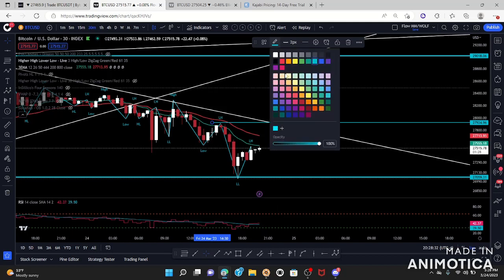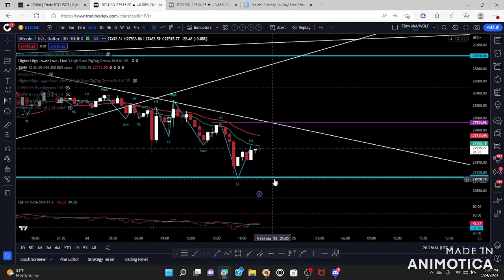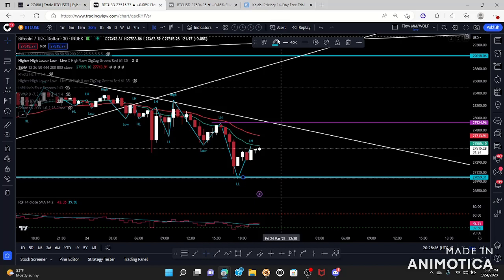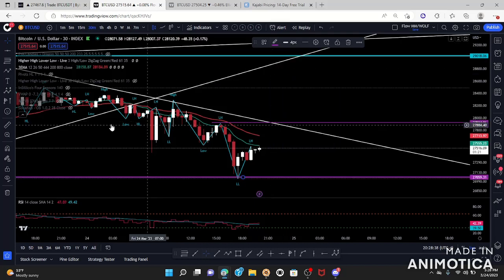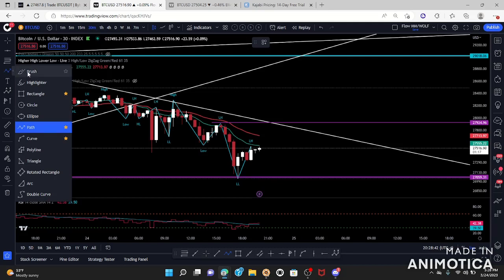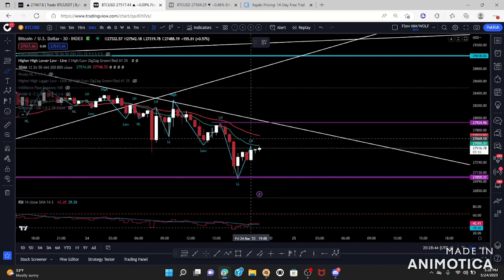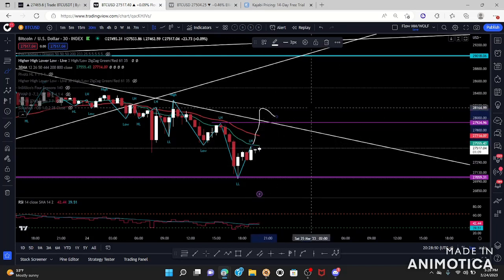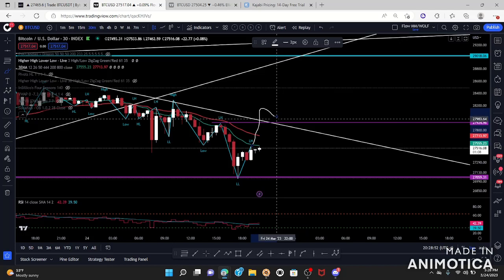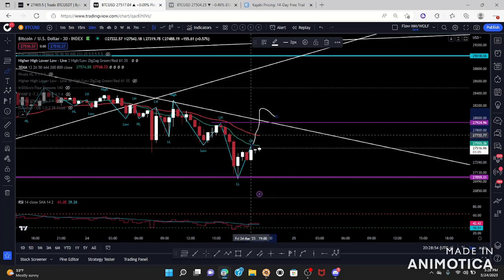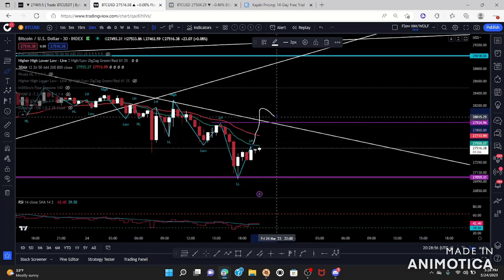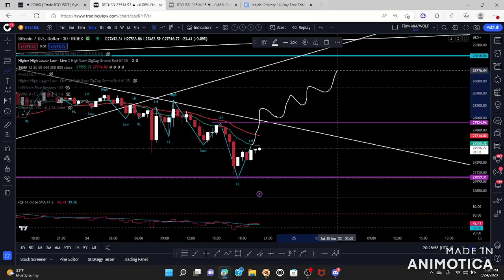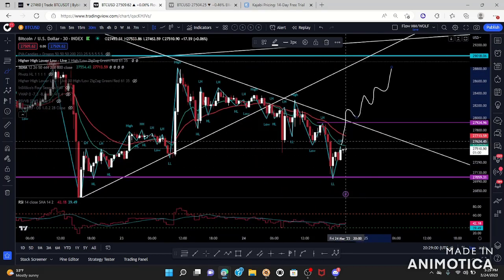I like purple. This will be my range, and this is going to be the play. Like I said, I'm just looking for a next lower high and continuation to the downside, but it could definitely rotate. I want the trend line to break. I want my resistance to break. I want the 12 and the 26 EMAs to flip bullish, and then enter and consider a long.